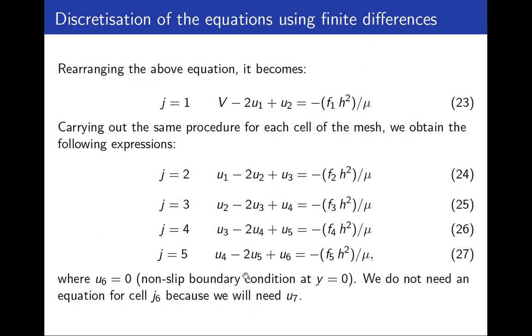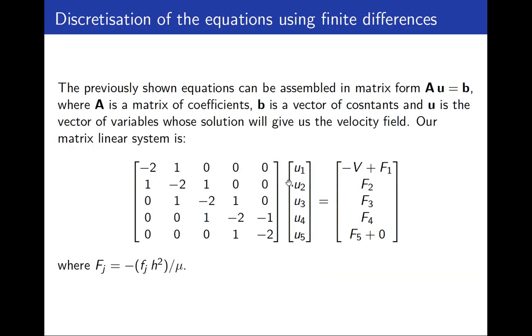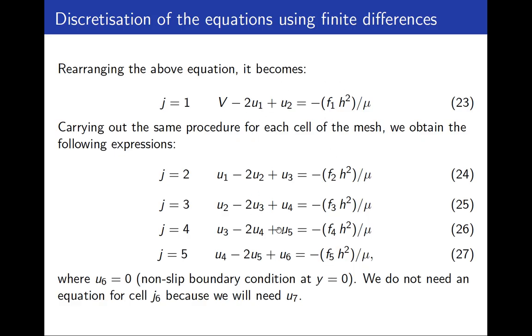Now you can notice that I arranged these equations so that we can assemble this system of equations. All these terms are variables, and the terms on the right hand side are constants, because f involves constants.